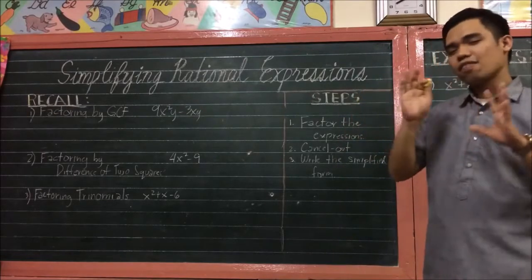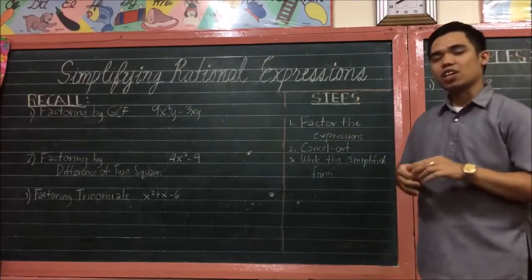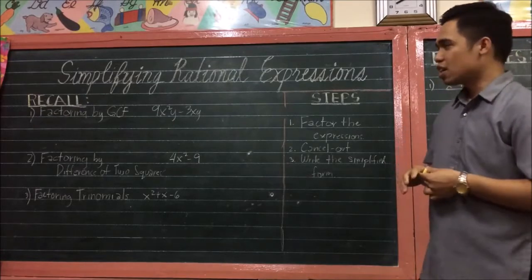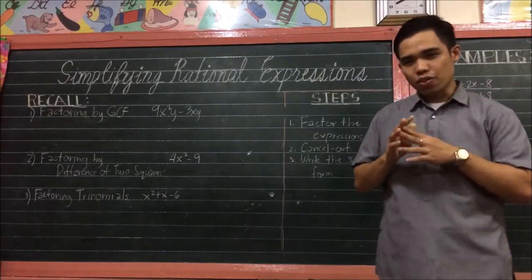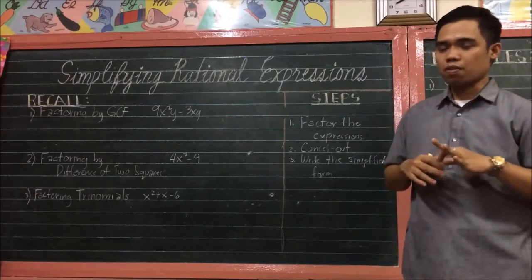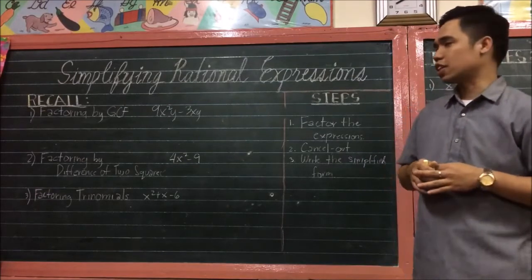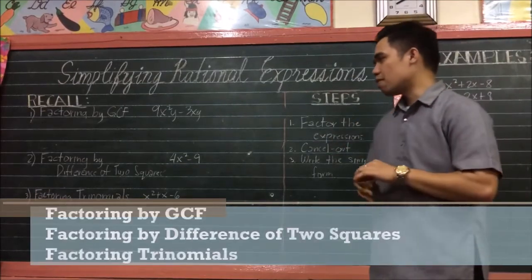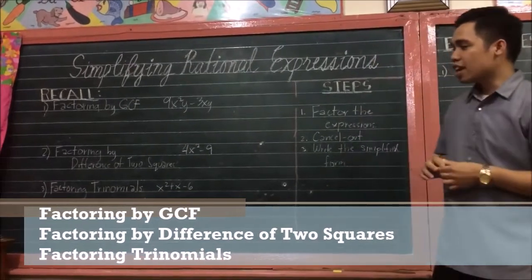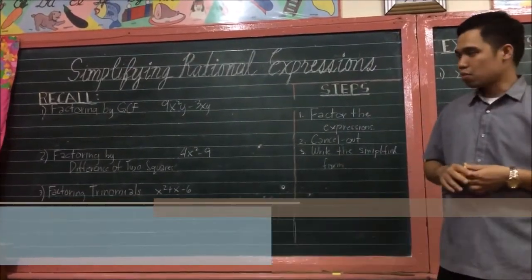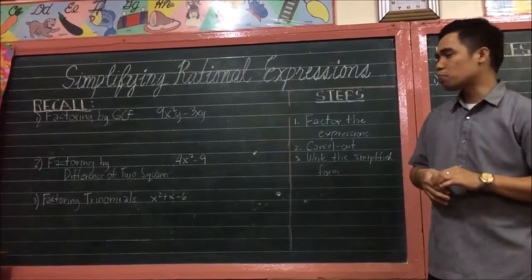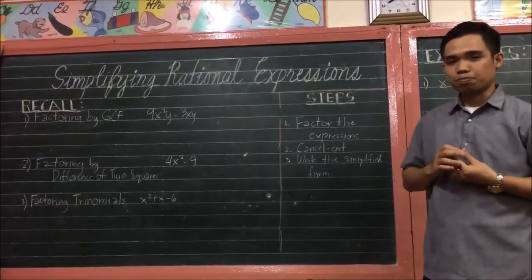We have many kinds of factoring, but we are going to focus on these three important methods of factoring, which are factoring by GCF, factoring by difference of two squares, and factoring trinomials, because these are more practical ways of factoring.